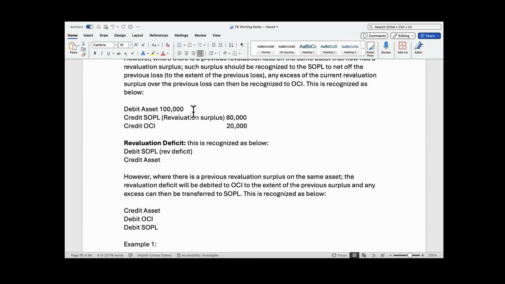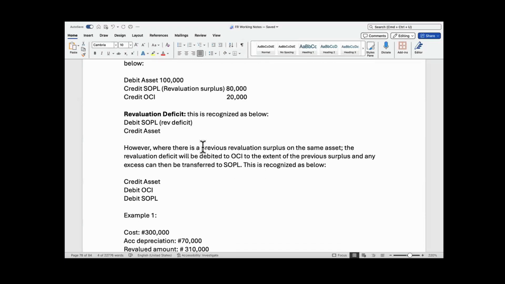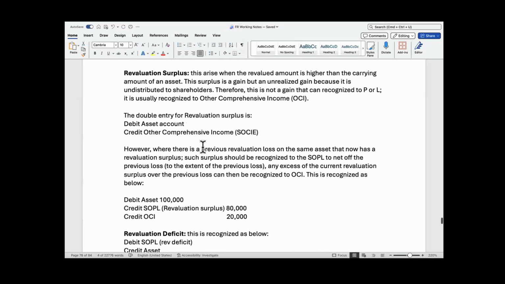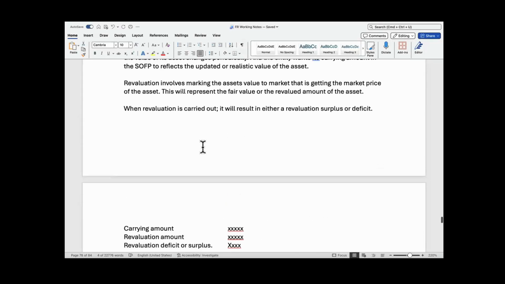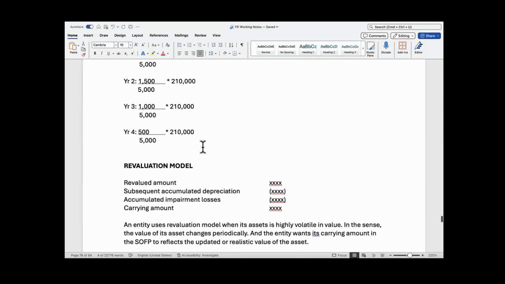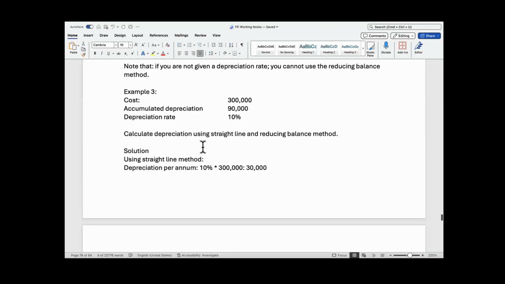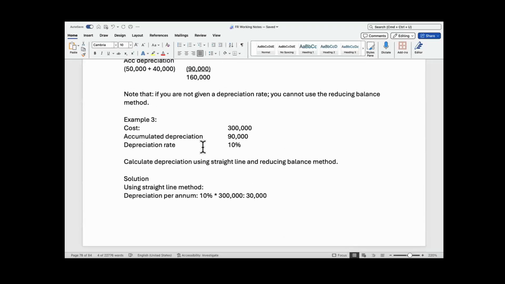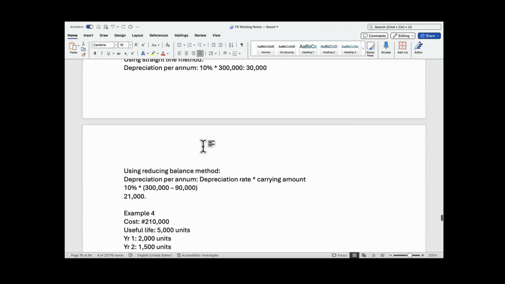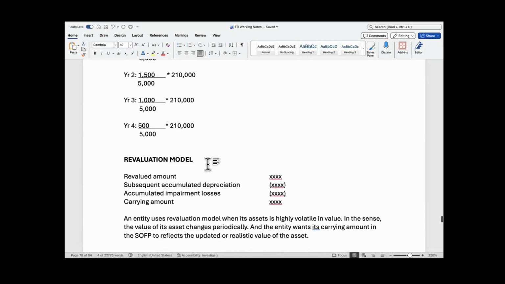We learned a lot around the components of cost. We learned about depreciation, the straight line method and the reducing balance method, how to calculate them, and the key difference between straight line and reducing balance.